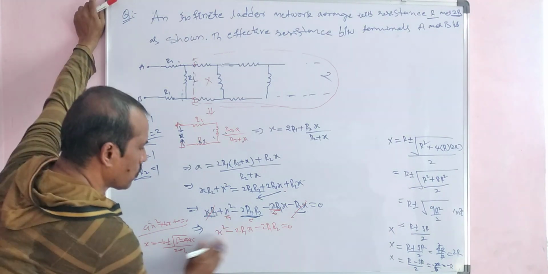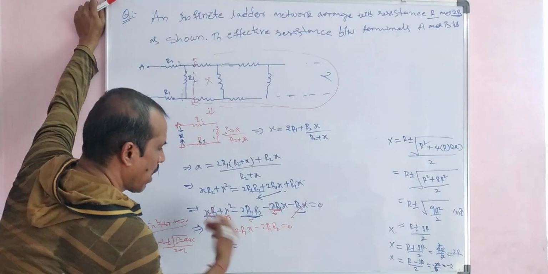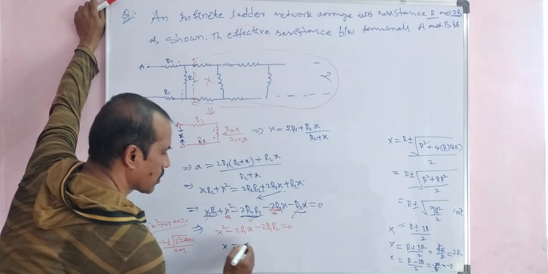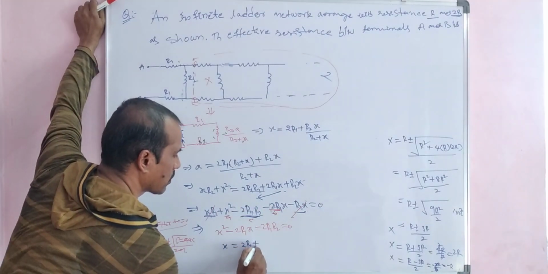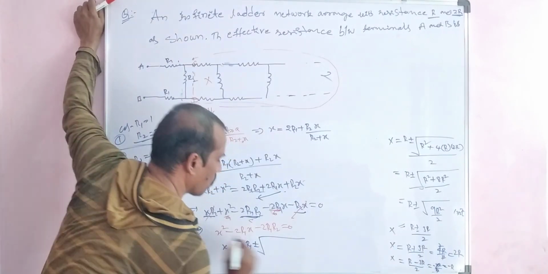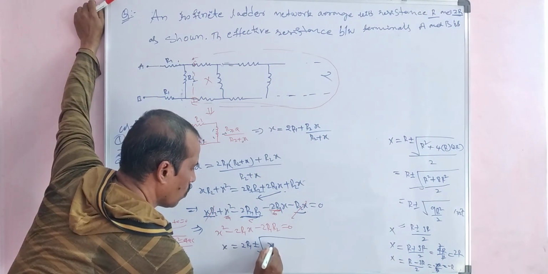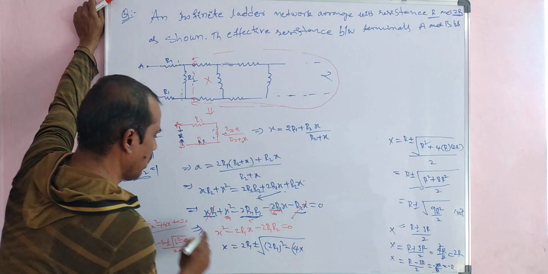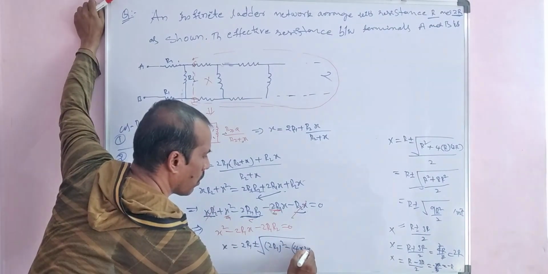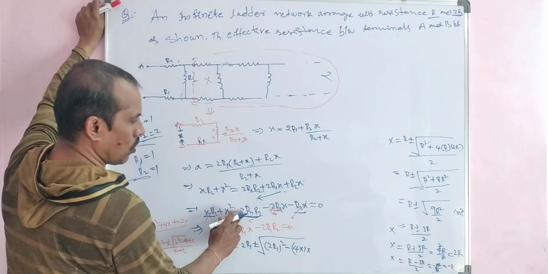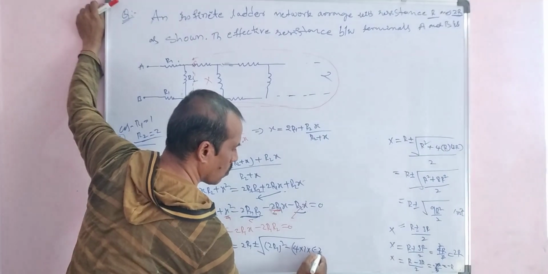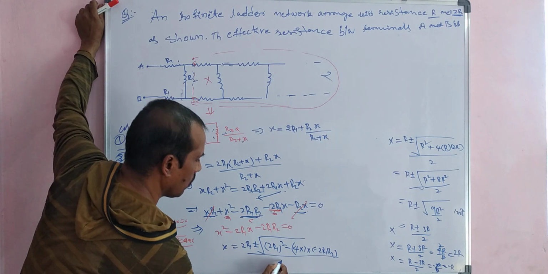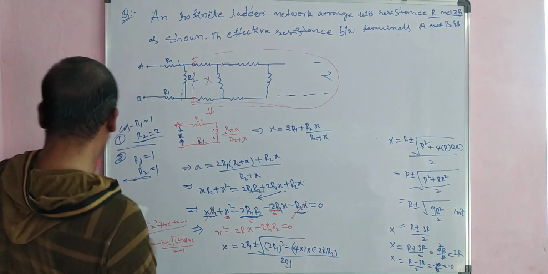Now substituting the values: x is equal to minus b, where b is minus 2r1, so plus 2r1, plus or minus under root of (2r1) square minus 4 into a, which is 1, into c, which is minus 2r1r2, by 2a, where a is 1.